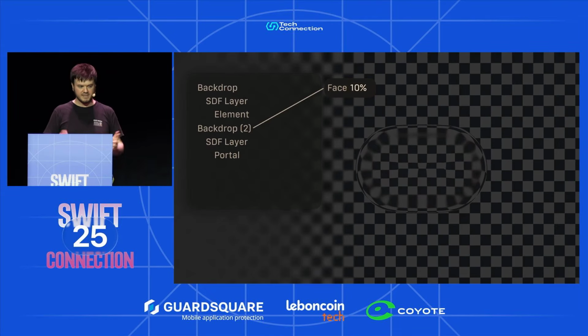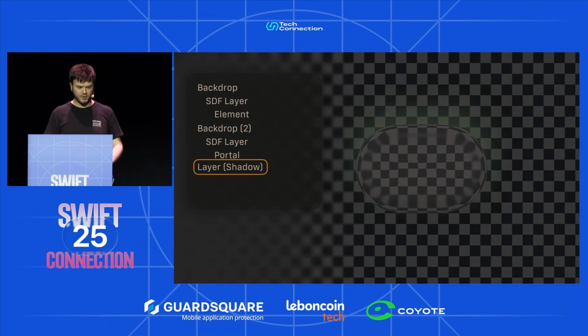Then there's a phase effect that adds a little bit of opacity to the glass, so it's not completely transparent. There's also a shadow, which in the case of the toggle is set to a green color when it's in the on state, so it gives it a little bit of a green glow. Then there's another shadow, which maybe you can't even see here, so let me exaggerate it a little bit.